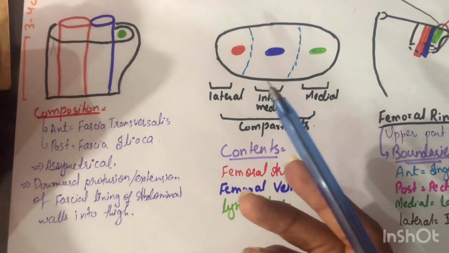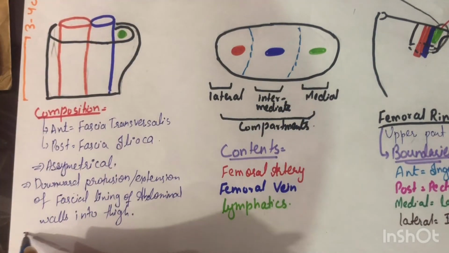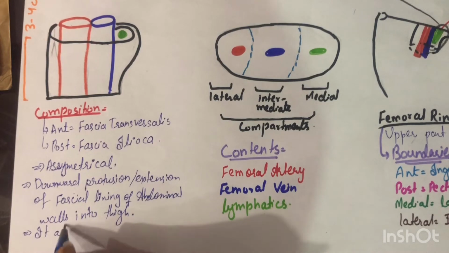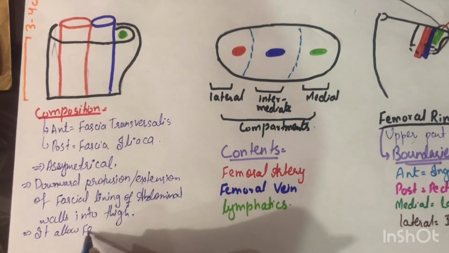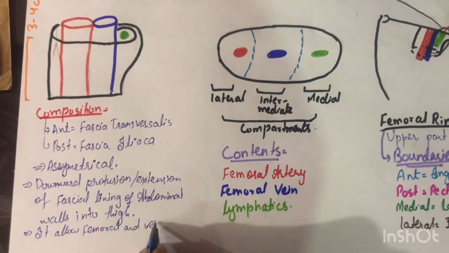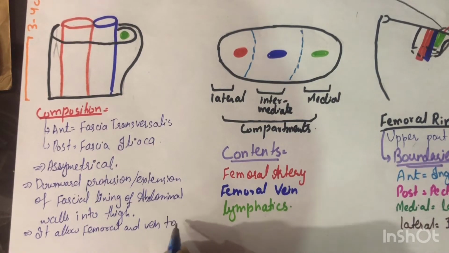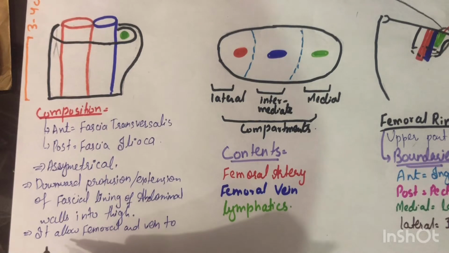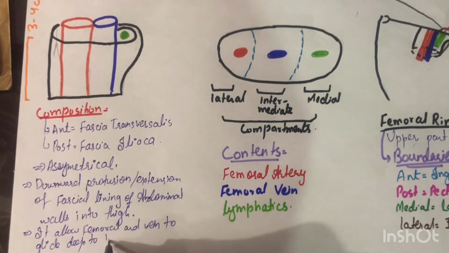Then it allows the femoral artery and vein to glide deep to the inguinal ligament.